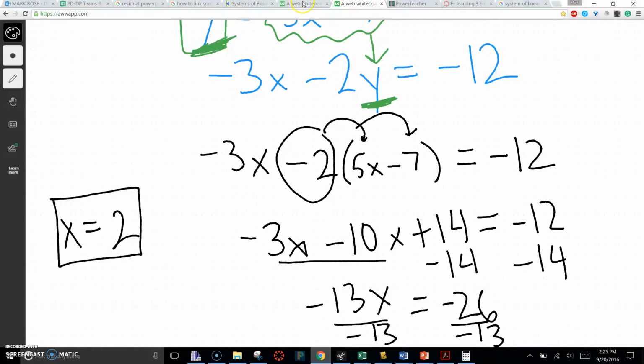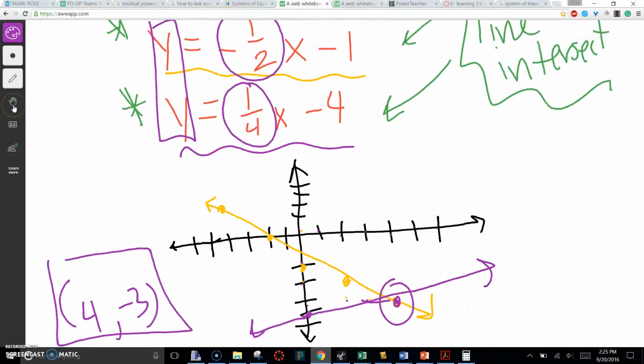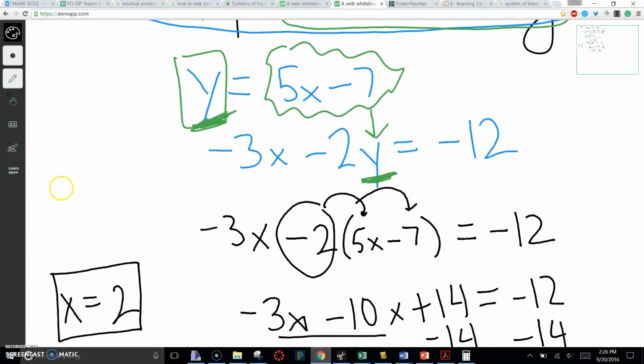Remember last time, our full answer should be 2 points. It should be an x value and a y value. So I'm going to have to come back here and find my y value. The easiest thing to do is take that x right here and plug it into this equation right over here.